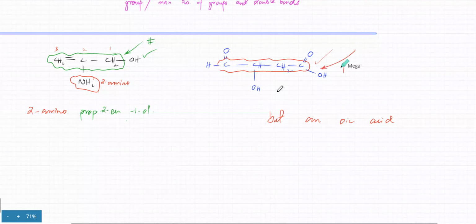Now the OH obviously becomes a branch, because the molecule is not being named after it. So this is your hydroxy branch, and its position is 3, because the carboxylic acid is at position number 1, so it's 3-hydroxy.